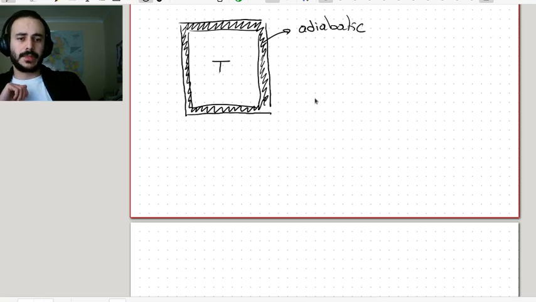Okay. So when a system has adiabatic boundaries, they are perfectly insulated. It means the system is thermally insulated from the outside. It's not in thermal contact with the outside.